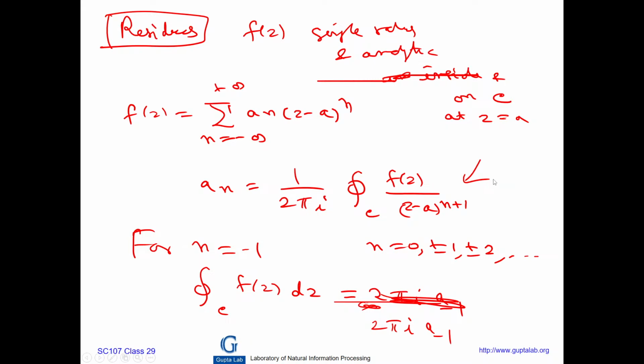If I put n is equal to minus 1, the z minus a term does not remain, and what we are left with is integration along C, f of z dz is equal to 2 pi I times a minus 1. This is really useful. This quantity a minus 1, which is the coefficient, is known as residue.